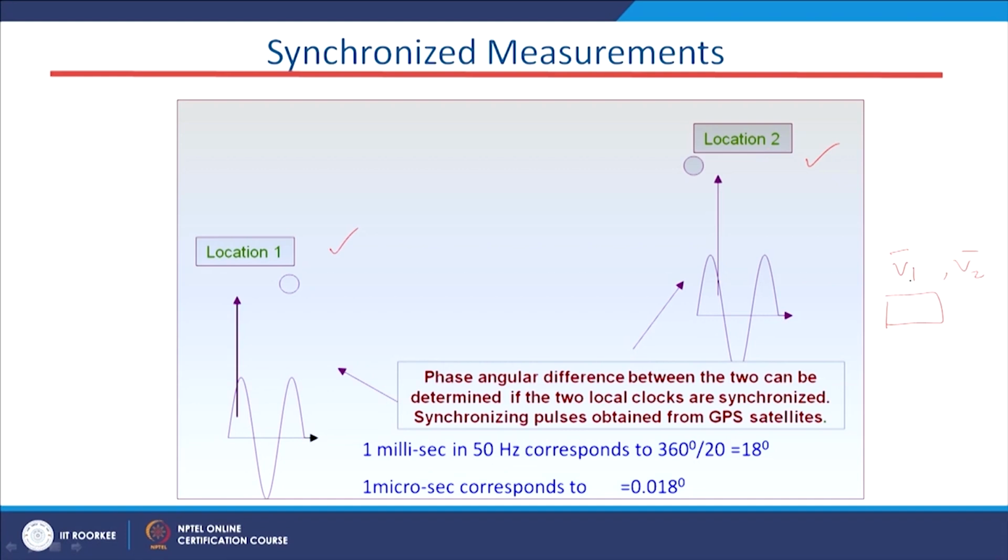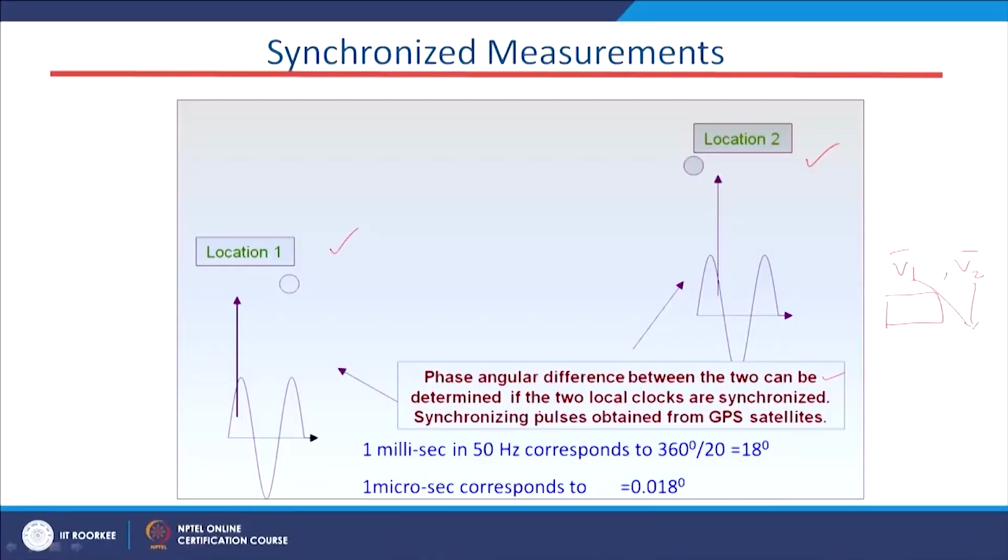So, for analyzing these 2 data we need these 2 voltages to be synchronized, then only we can analyze, otherwise it will be difficult to analyze these 2 phasors. That particular work is done in WAMS technology using the PMU device.